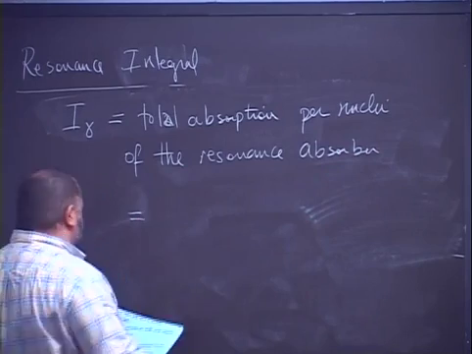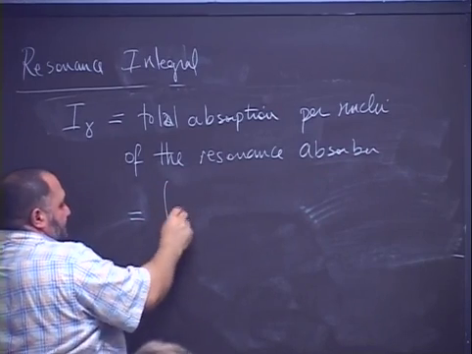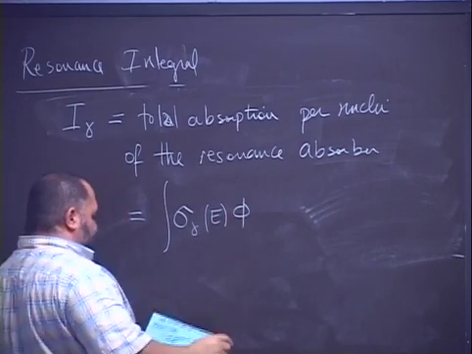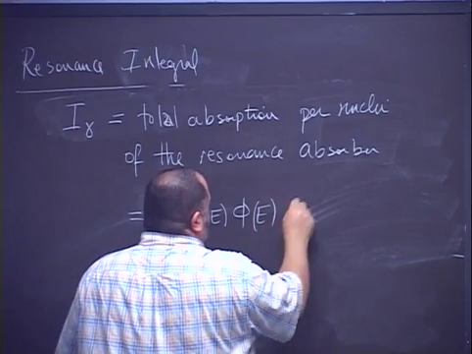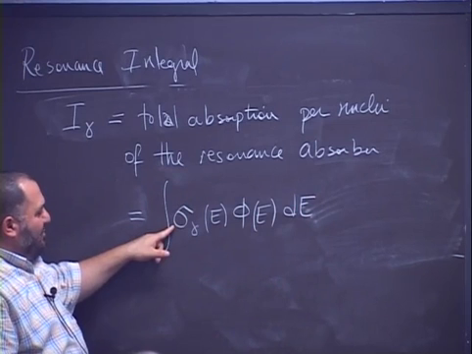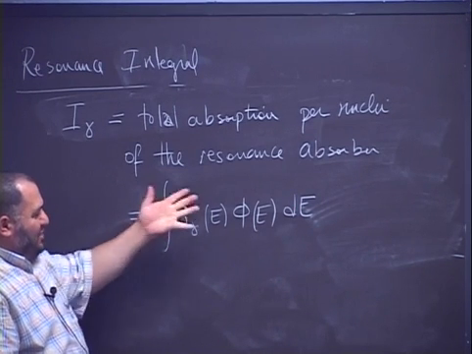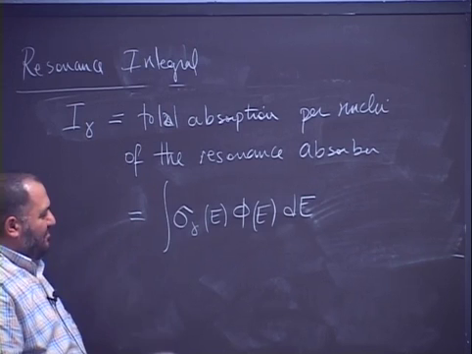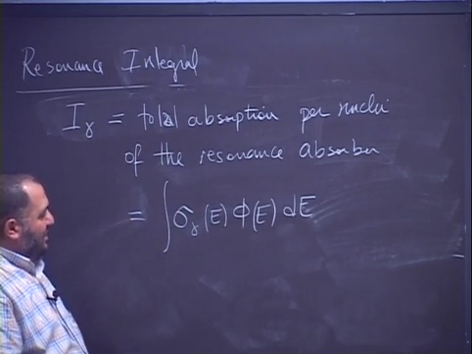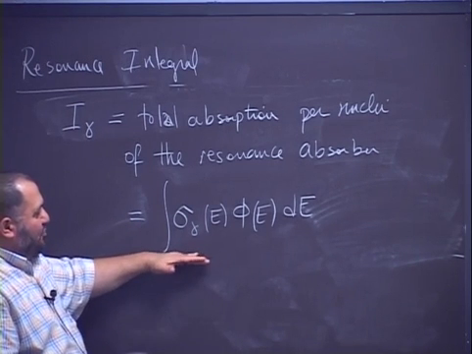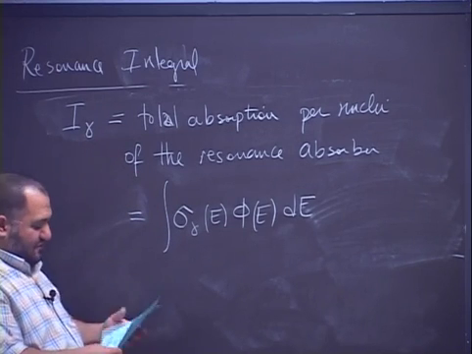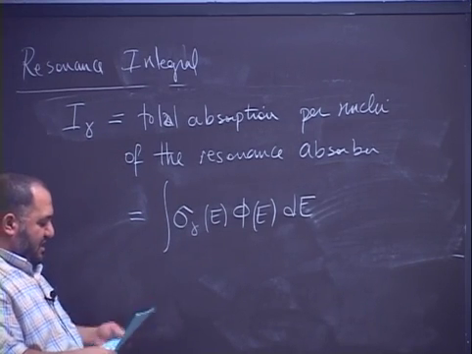And it is defined as sigma gamma as a function of energy E multiplied by the flux as a function of energy E dE. Because if this is multiplied by n, the number density of your nuclei, this will be the total absorption per unit volume. But because we divided by n, which is the number of nuclei, this will give us the total absorption per unit volume per nuclei. So this is the definition of the I gamma.